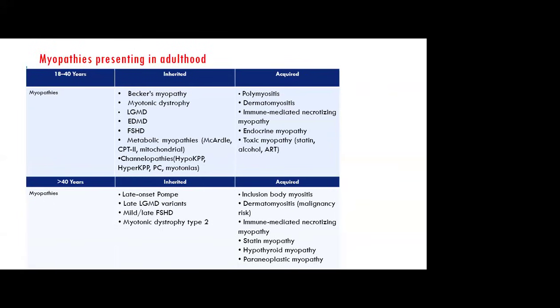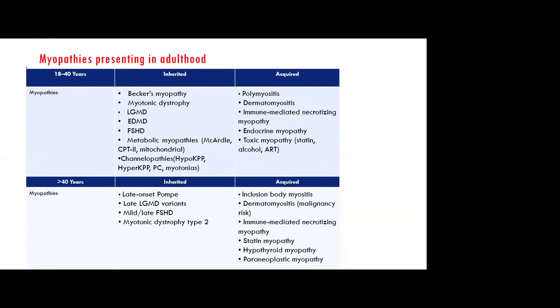The acquired causes are polymyositis, dermatomyositis, immune-mediated IMNM, and endocrine myopathies and toxic myopathies. Whereas more than 40 years, the late onset Pompe's can present, a late LGMD variant, the mild or late FSHD, and myotonic dystrophy type 2 can also present in more than 40 years.